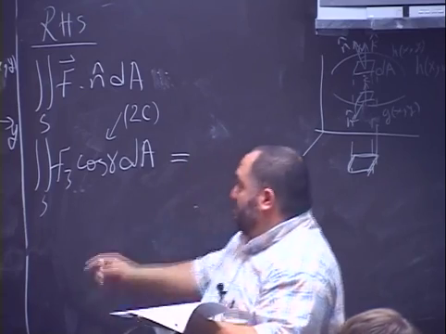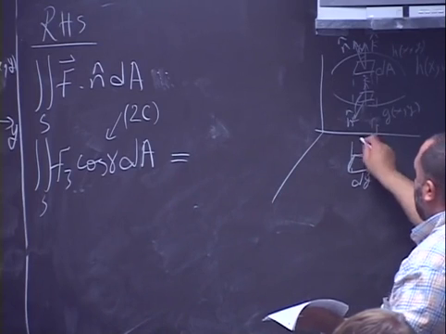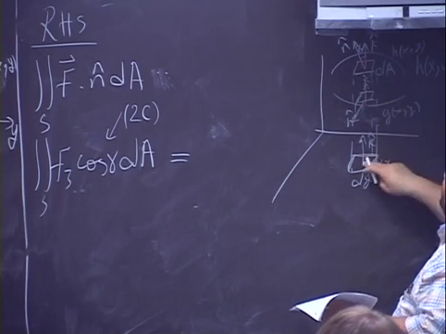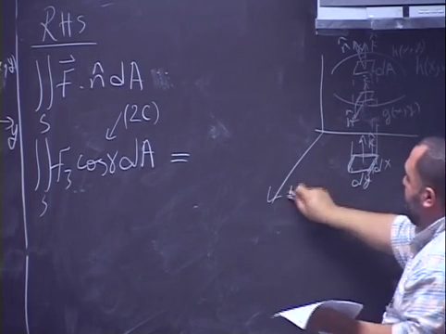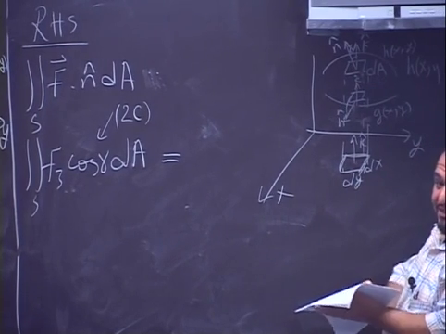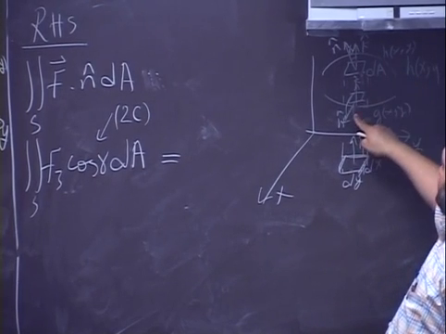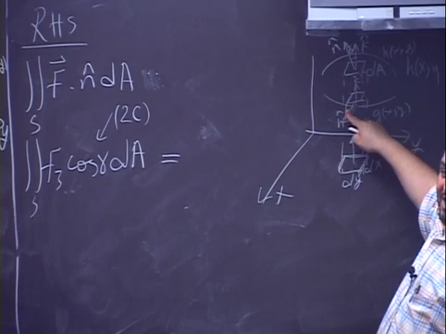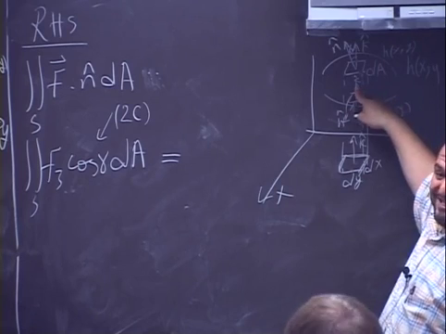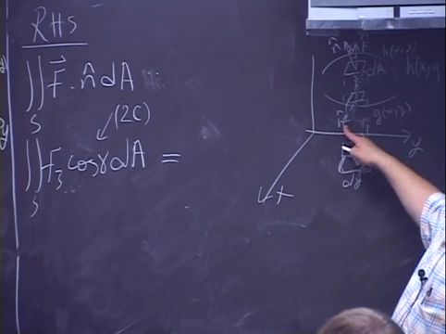Z direction. So what's the area perpendicular to Z direction? Yes? Because dA cosine gamma is just the projection of dA in the xy plane, so it is dx dy. Yes, guys? But this is from the upper part. Yes? From the lower part, it is what? Negative dx dy, because the angle between n and z is greater than 90 degrees, so this will give you a negative sign. Yes, guys?